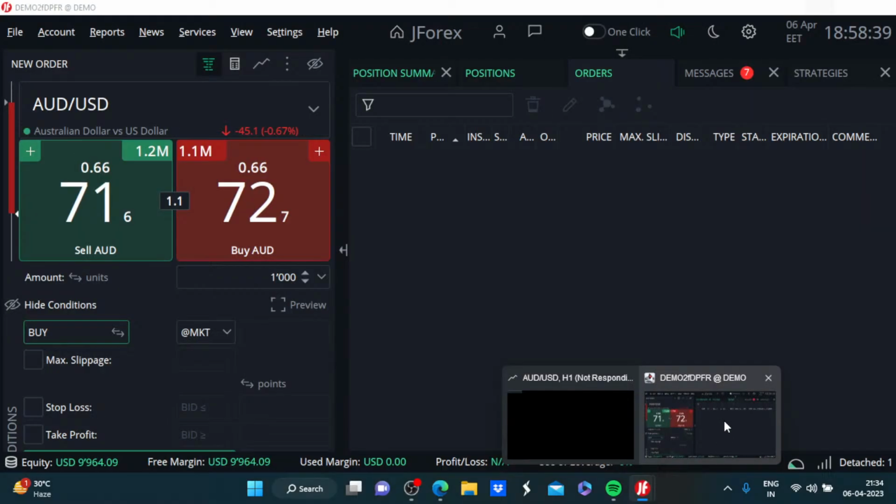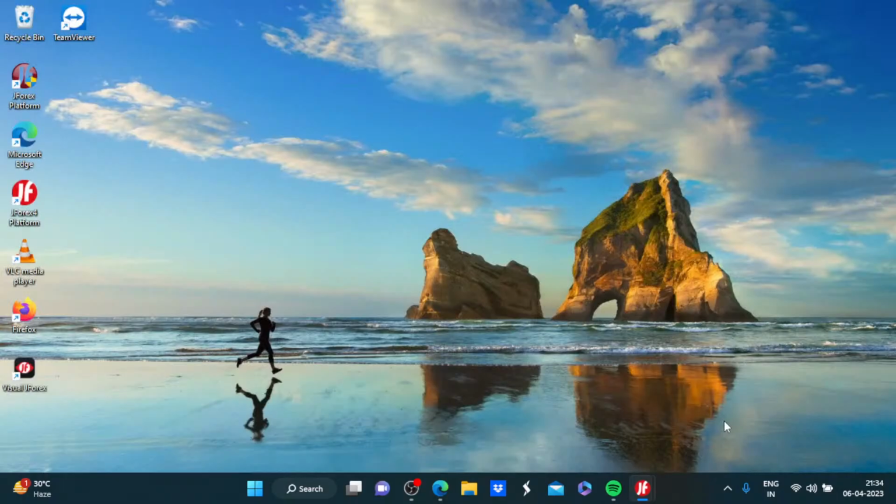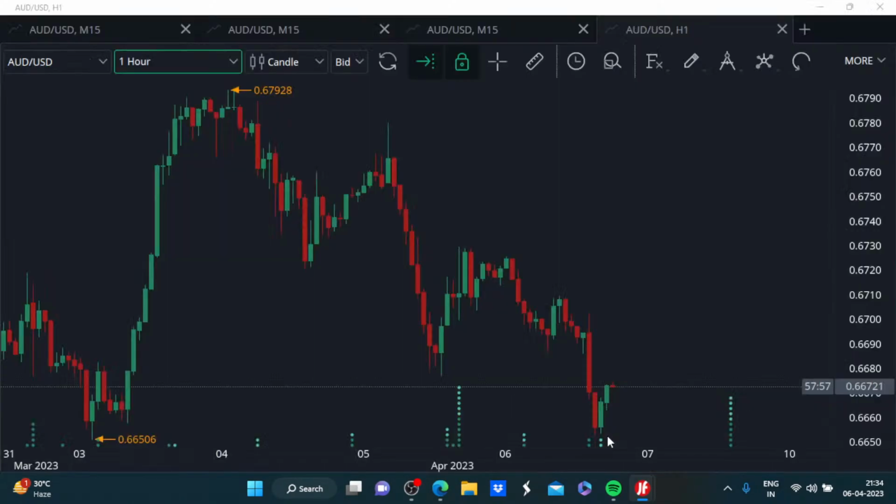It's taking some time. Let's wait a few seconds. All right, we got it. This is the AUD USD chart drawn in the candle period of 1 hour. Let me change it to Euro USD. It appears to be a problem of the internet connectivity.